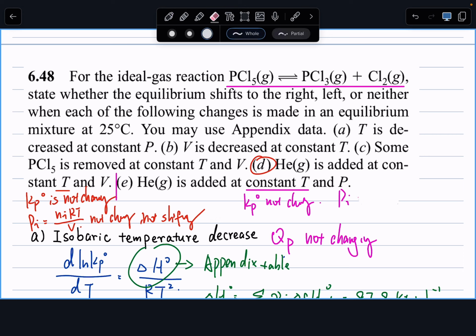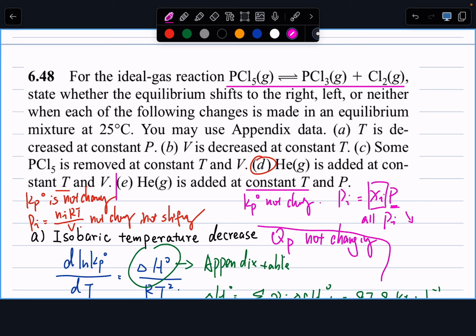Actually, let me change this. Pi equals chi i times P. Let me keep myself consistent. So the total pressure is not changing, but addition of the helium gas will change the mole fraction of my reactant gas. So the mole fractions of all my reactants and products will decrease. Or we'll say all Pi will decrease with the addition of my inert gas, helium.